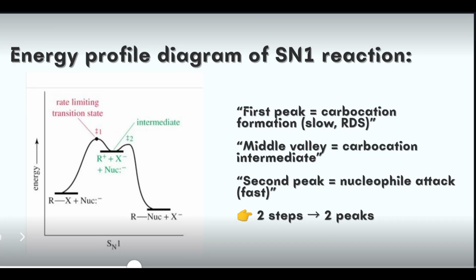This is the slow, high-energy step, and in the middle valley the carbocation intermediate forms. In the second peak, nucleophilic attack takes place. That will be fast. So there are two steps and we get two peaks.